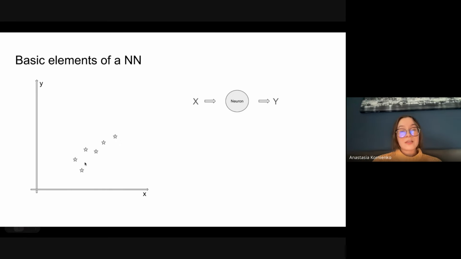For example, for x1 it's y1, and so on. And as you can see, we can draw a line here and get this linear function. It has some biases. It's not really exact numbers, just for example. And as I said already, it's a linear function.